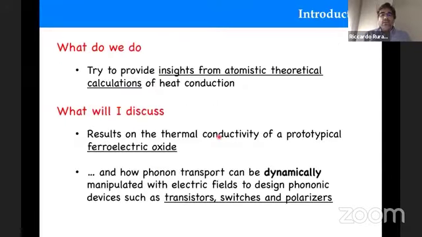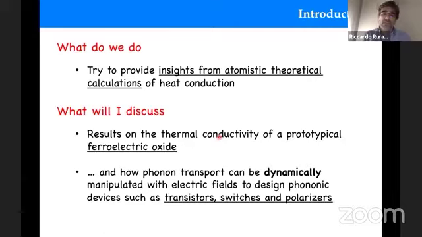Okay. So what is it that we do? As I already hinted, we are a theory group, so we do numerical simulations and we try to provide insights from atomistic calculations of heat conduction in nanostructured systems.